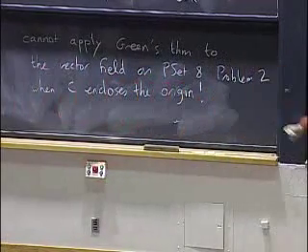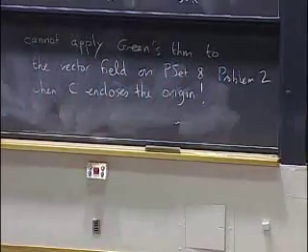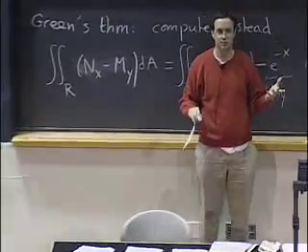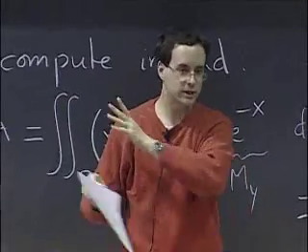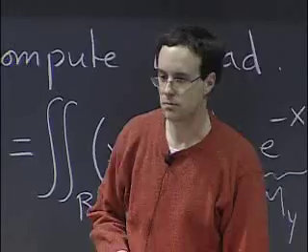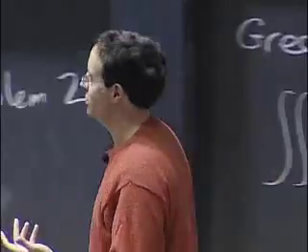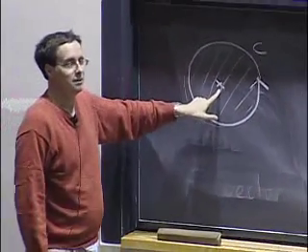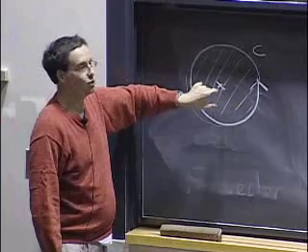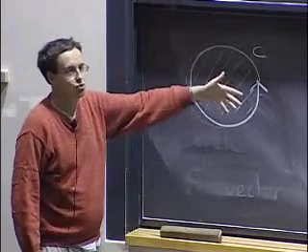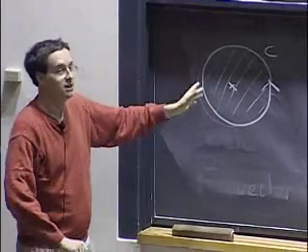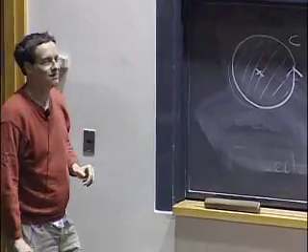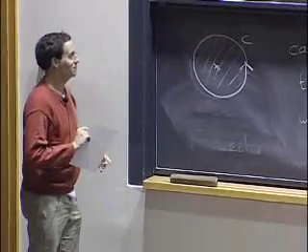And so that's why this guy, even though it has curl 0, is not conservative. There's no contradiction. And somehow you have to imagine that the curl here is really not defined, but somehow it becomes infinite, so that when you do the double integral, you actually get 2 pi instead of 0. That doesn't make any sense, of course, but that's one way to think about it.